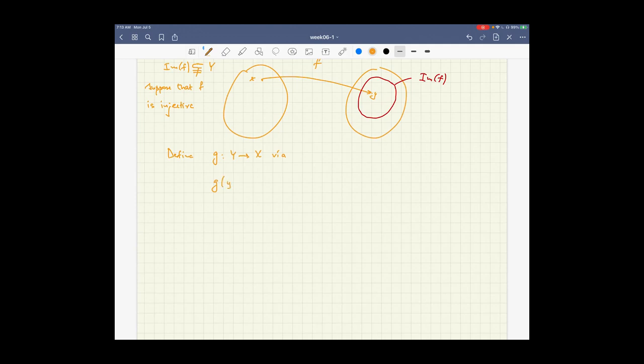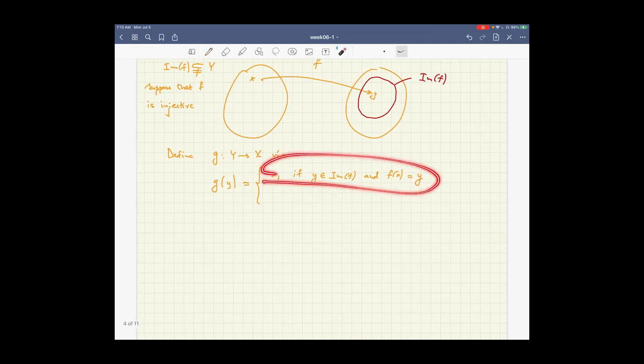I'll say g of y is x if y is in the image of f and f at x equals y. Note that this makes sense because there will be a unique x with that property. There will be exactly one x with this property.